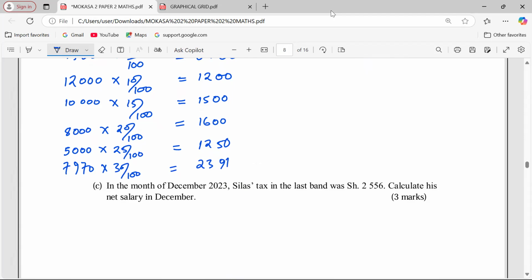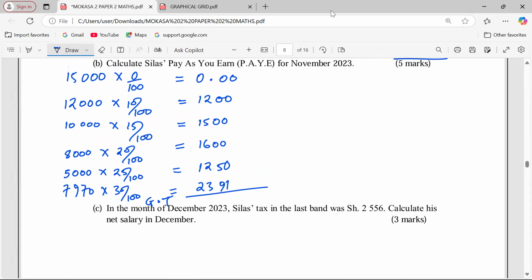So with all this, we can get what we call the gross tax, the total tax payable by Silas. This will be 0 plus 1,200 plus 1,500 plus 1,600 plus 1,250 plus 2,991.